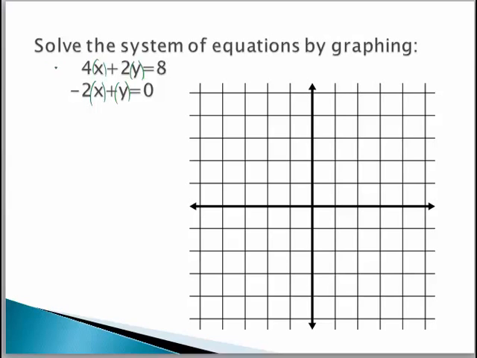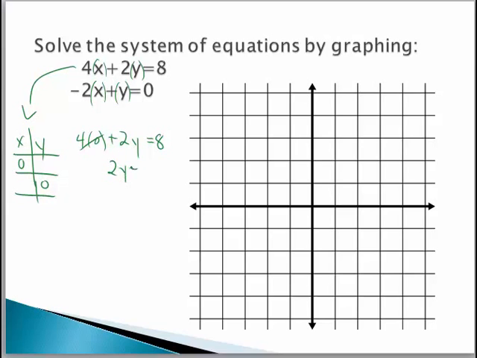So I'm going to graph the two lines. I'll use green to graph this line. It's really two problems in one. I'll do the same thing that we just did when we were reviewing. I'll plug in 0 for x and solve this equation to find the y-intercept. 4 times 0 is 0, so I get 2y equals 8.